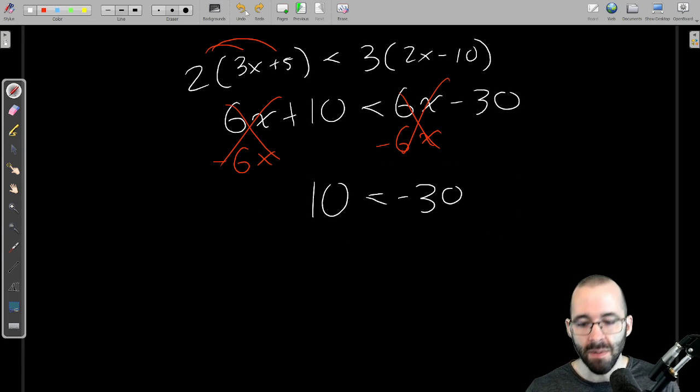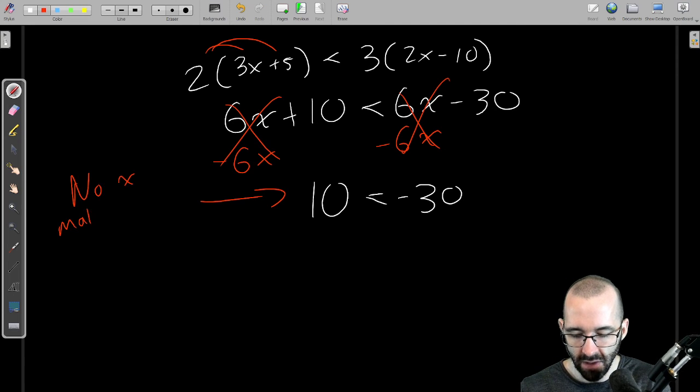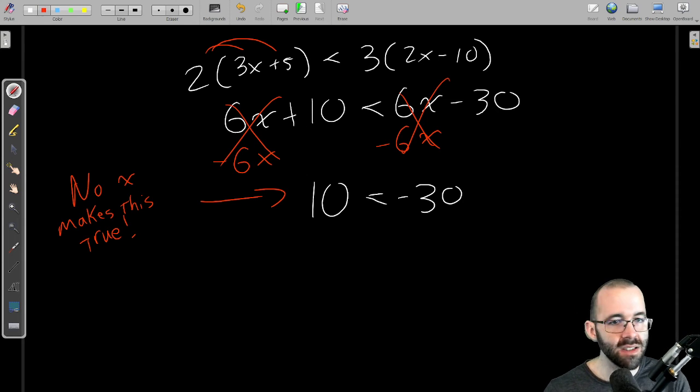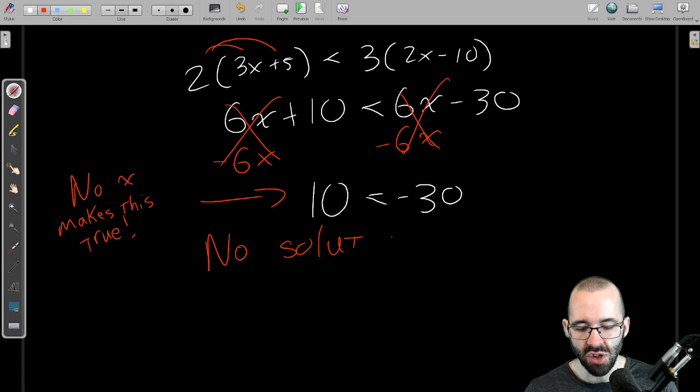There's no x that makes this true. No x works. There is no solution here. The solution does not exist.